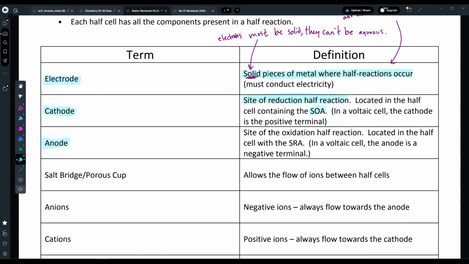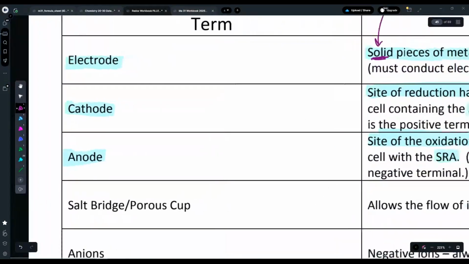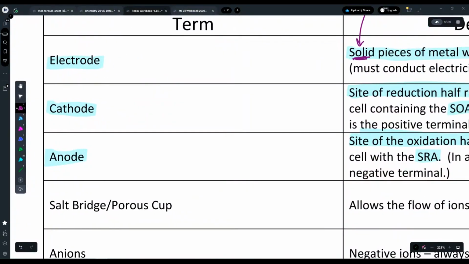With the anode, that's where you're going to see oxidation occurring. And your anode is located in the half cell that has your strongest reducing agent. Okay, so the cathode and anode, both of these are specific electrodes. So the term electrode is pretty general. It could be talking about a cathode or an anode.